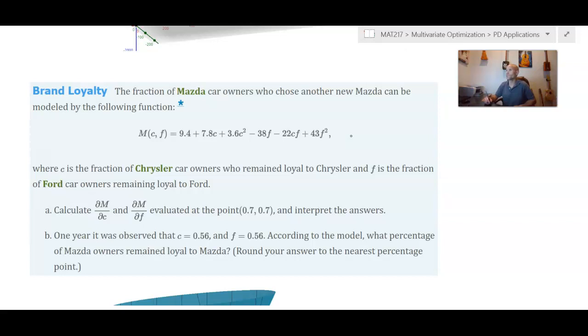That means 56% of Chrysler owners bought another Chrysler, and 56% of Ford owners bought another Ford. According to the model, in that particular year, what percentage of Mazda owners remained loyal to Mazda? So we want to evaluate M of 0.56 and 0.56.